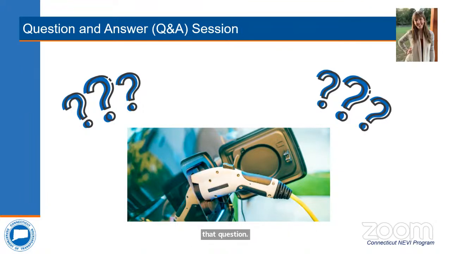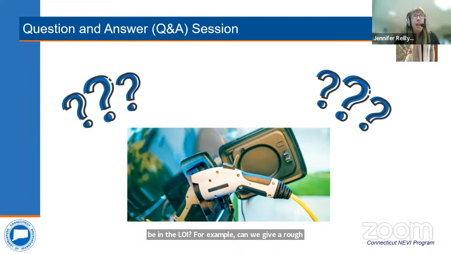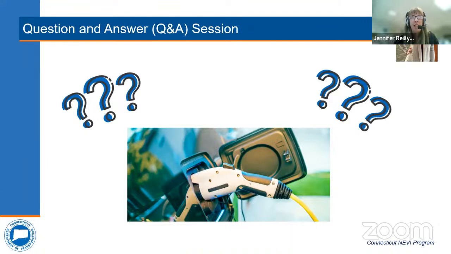All right, our next question, how detailed do we need to be in the LOI? For example, can we give a rough estimate on federal, non-federal match? I think the best thing that we're looking for is the information and level of detail that you have at this time.